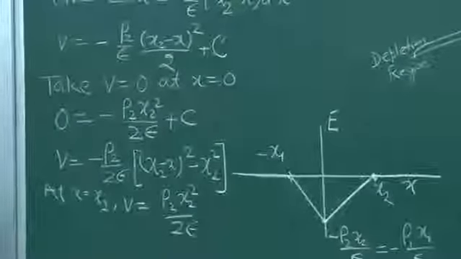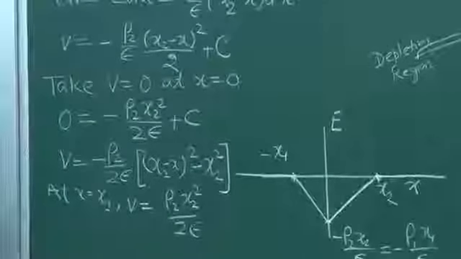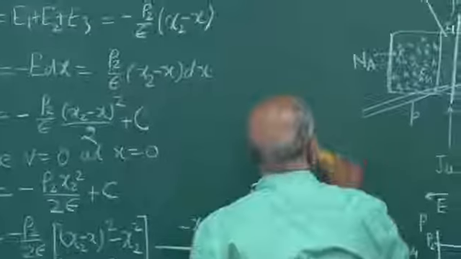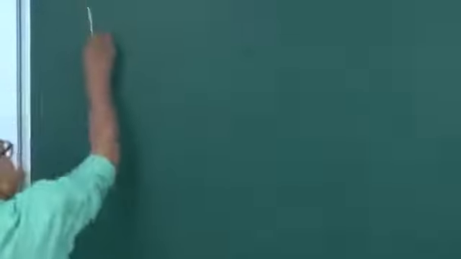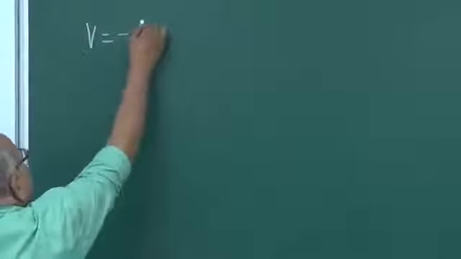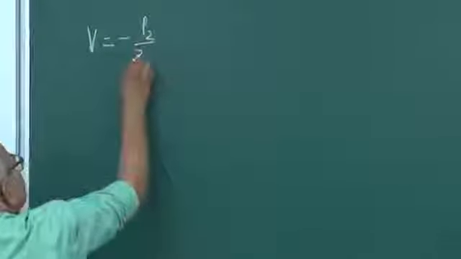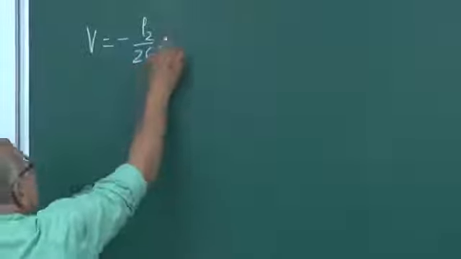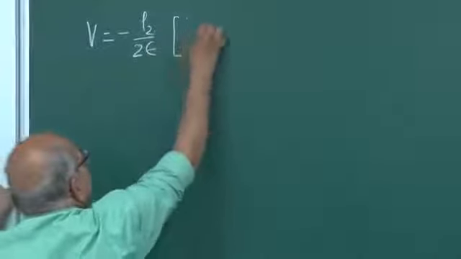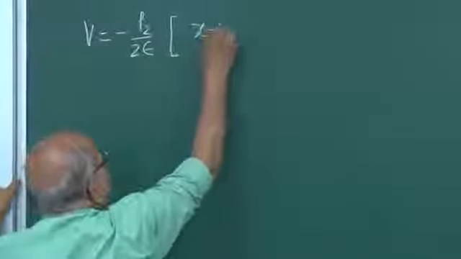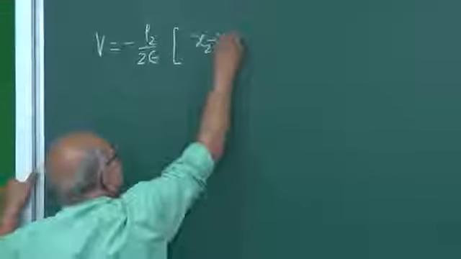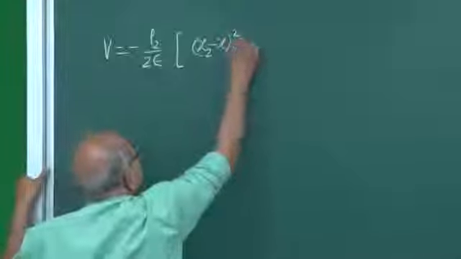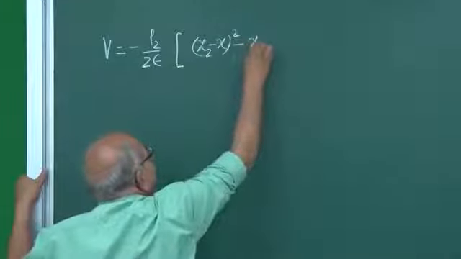So if you plot, how will it look? The expression was V equal to minus rho 2 over 2 epsilon, and then x2 minus x square, minus x2 square.